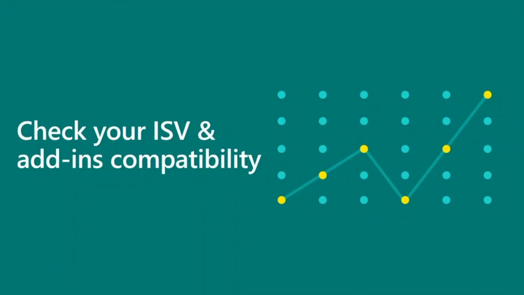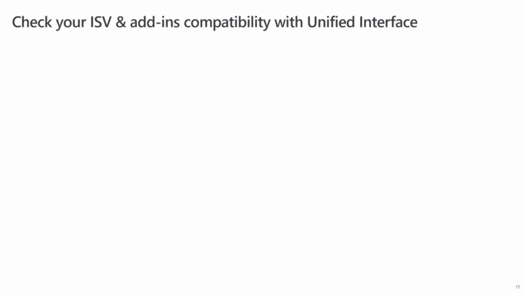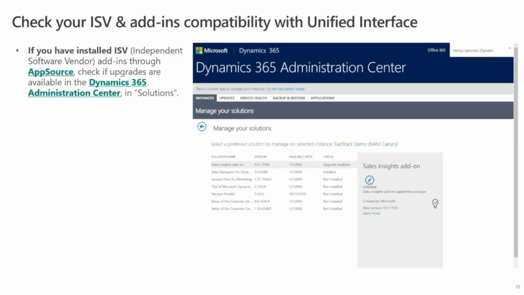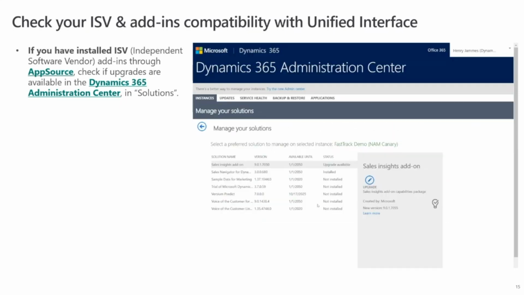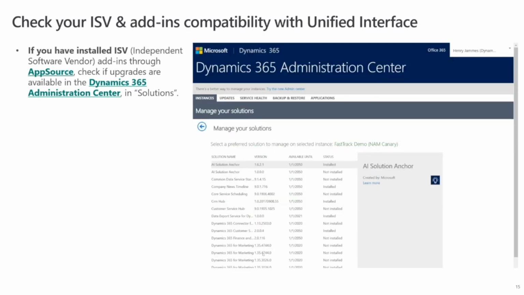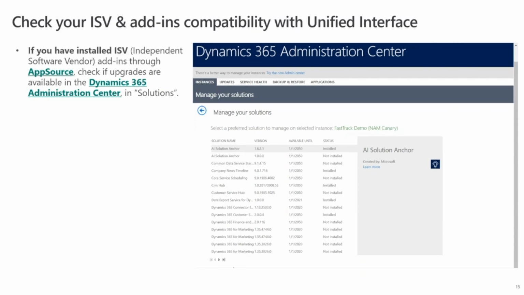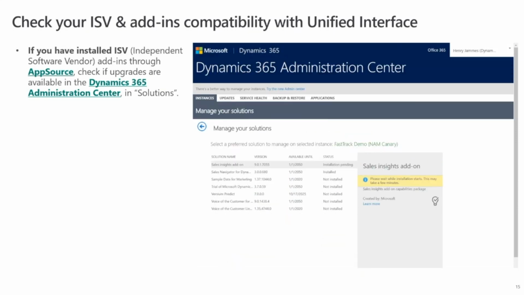Second thing, if you are using ISV or third-party add-ins, is to check that they are compatible indeed with the unified interface. So if you've installed them through AppSource, you should check if upgrades are available in the Dynamics 365 Administration Center in the solutions part of your environment.